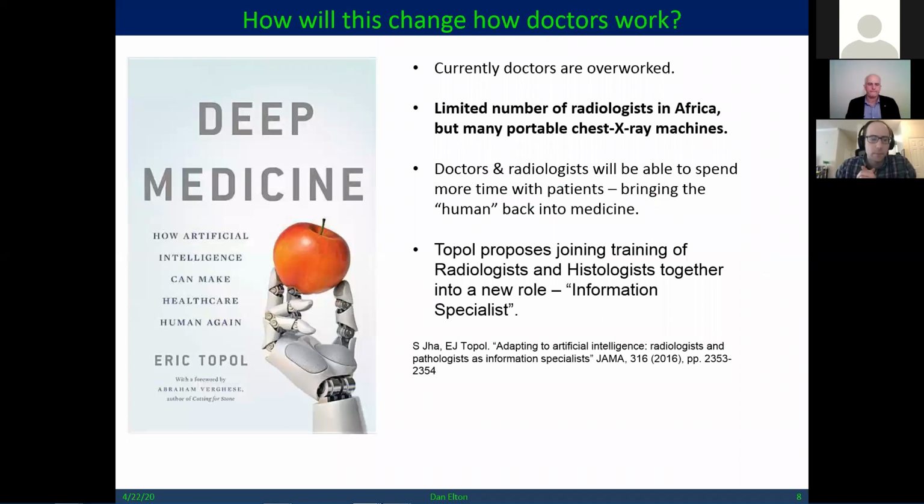This is a book I read, which goes into great detail about how AI is going to impact medicine, and one of the points of this book is that doctors are really overworked. This is especially in the United States.